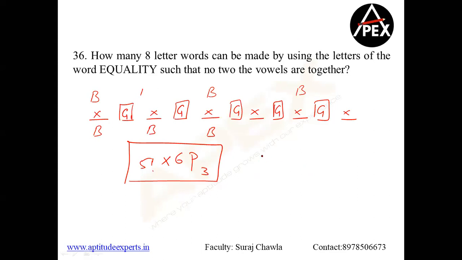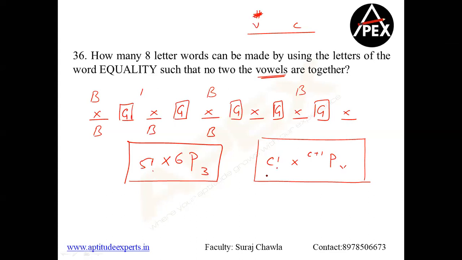So I repeat, if no 2 vowels are together, let's say there are V vowels and C consonants, and the condition is on vowels. I repeat, this is more important. The condition is on vowels. The formula is simple: C factorial into C plus 1 P V. Remember like this, C is for non-condition.